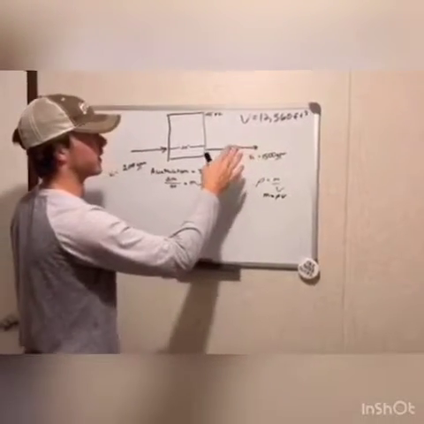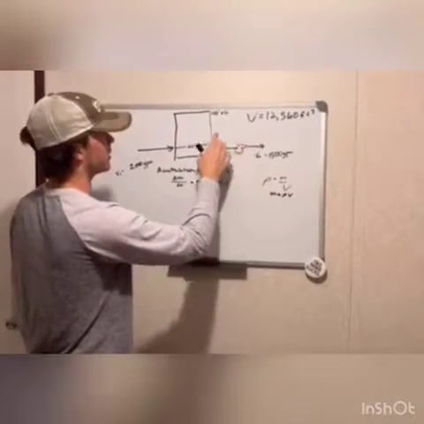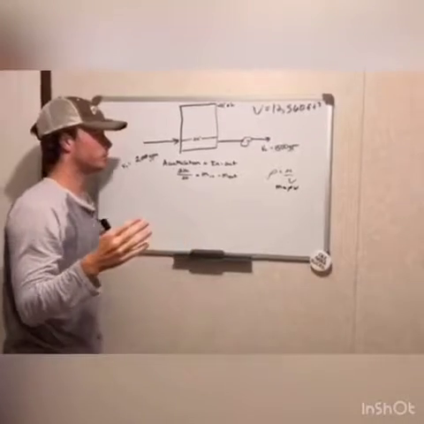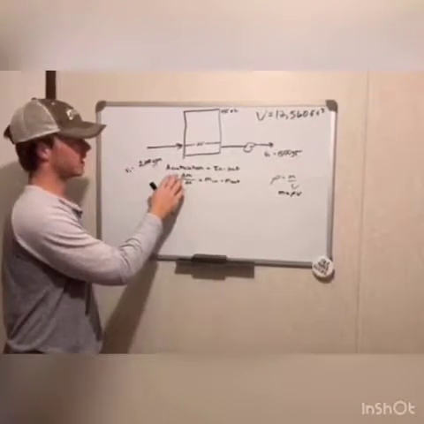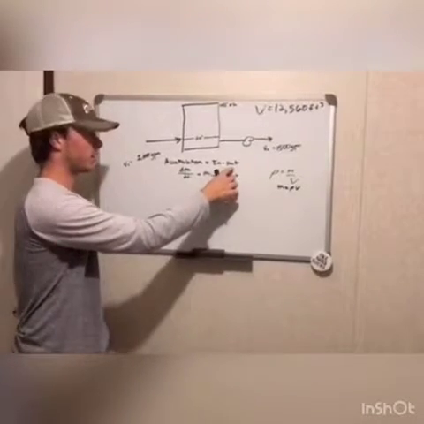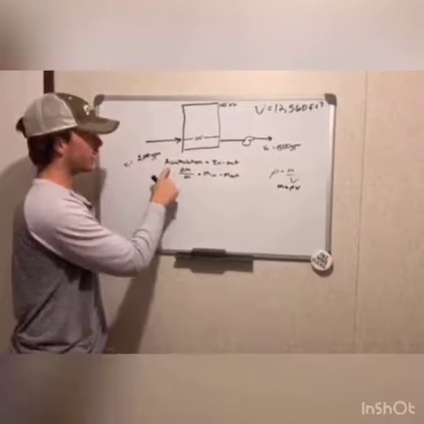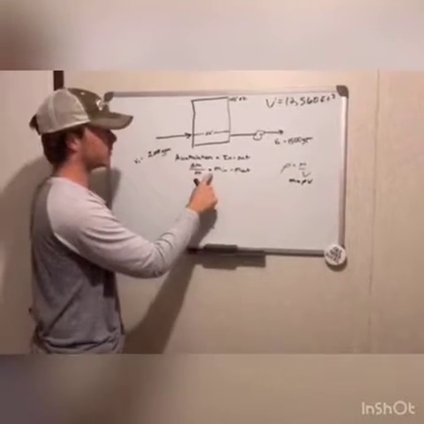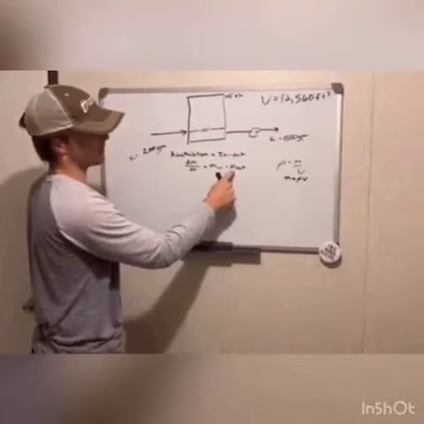Now we want to find out how much time it would take for this to fill up. So we would use mass balances, which is the accumulation formula: accumulation equals in minus out. That is the same as the change in mass over the change in time equals the mass flow rate in minus the mass flow rate out.